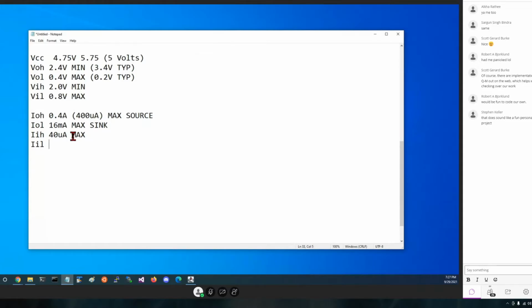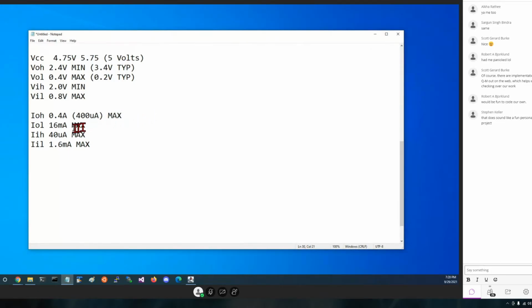And then when our input is low, we have 1.6 milliamps. I'll call that a maximum again. Now, we'll have to look at the schematic for you to understand the direction. I'm going to leave that off because that'll just confuse you for now.